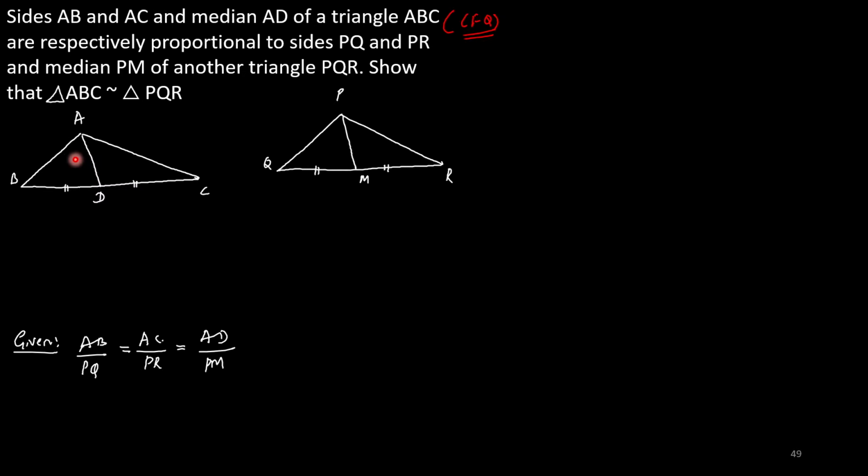So here I have to do a small construction. What is the construction I am doing? I am extending this AD till E, and similarly, I am extending this PM to N, such that AD is equal to DE and PM is equal to MN.